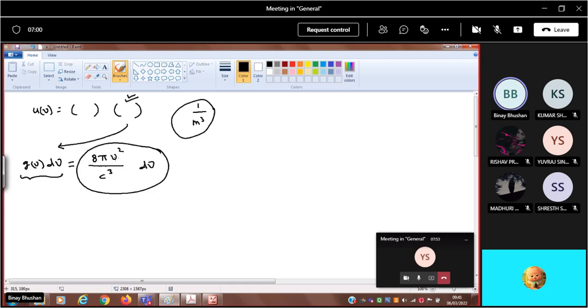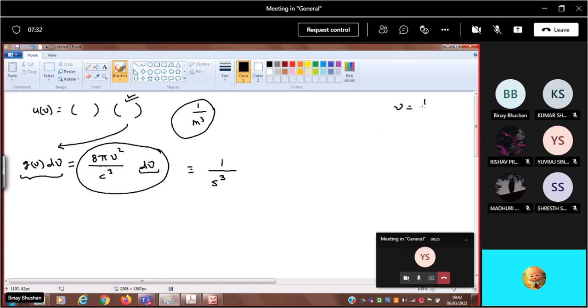Nu is frequency, and frequency is 1 by time period, that means 1 by time. So you have frequency square and again frequency here, so frequency cube. If I write only the unit here, this will be second cube.